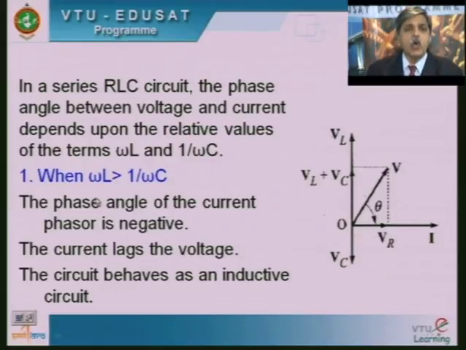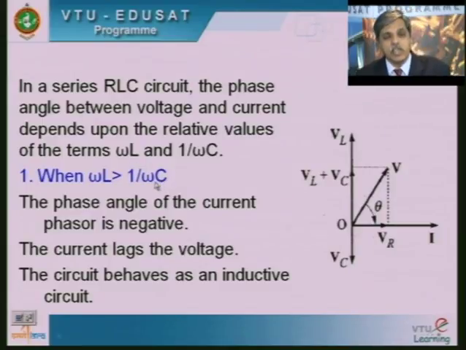What happens when you have omega L greater than 1 by omega C? If I multiply both sides of this expression by the same current I, which is a common parameter for the inductor and capacitor, I will get I omega L greater than I into 1 by omega C. So I omega L will give you the voltage I into XL, that is VL, and I into 1 over omega C will give you the voltage across the capacitor.